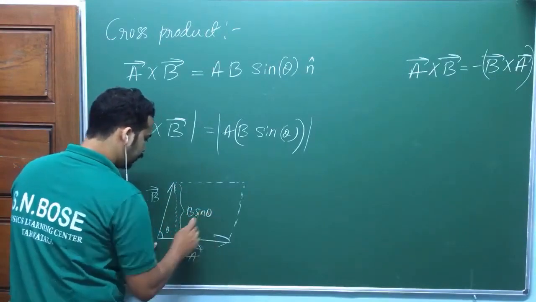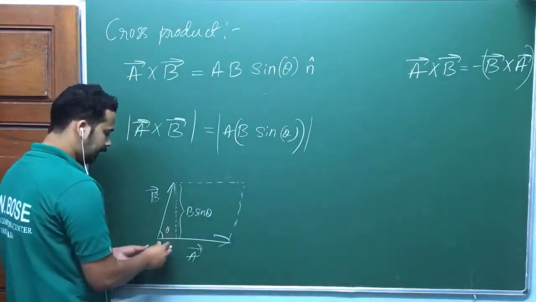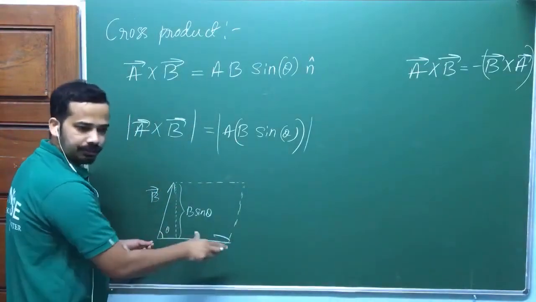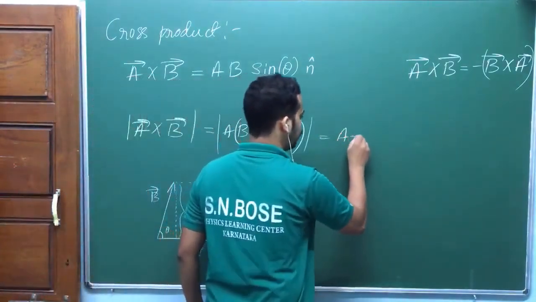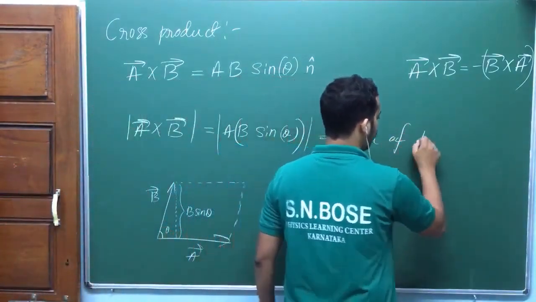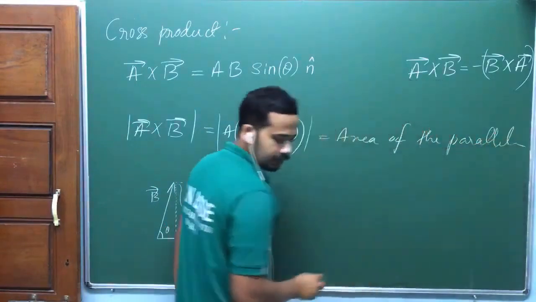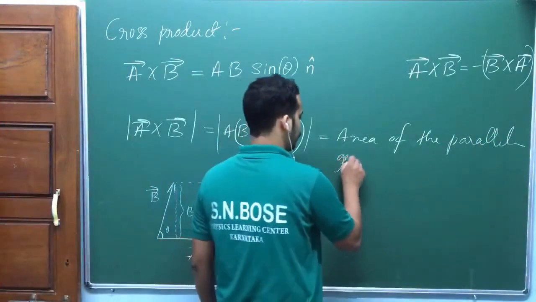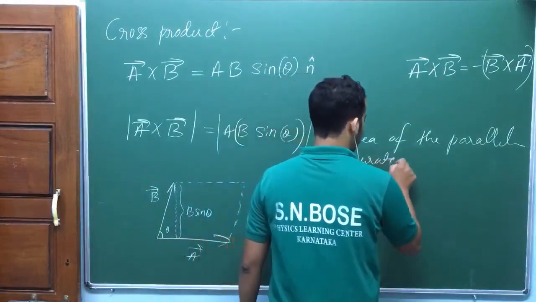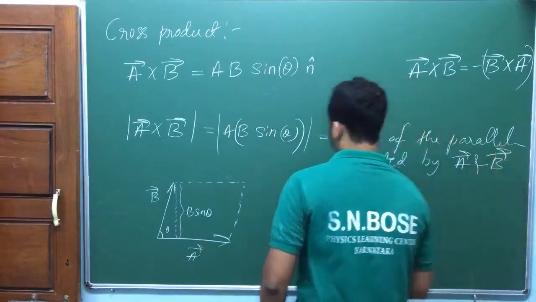B sine theta multiplied with A, height into base, am I right? That is actually the area of the parallelogram generated by A and B. Is that okay?